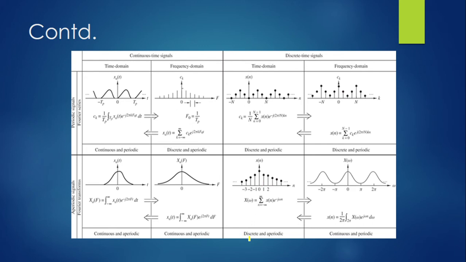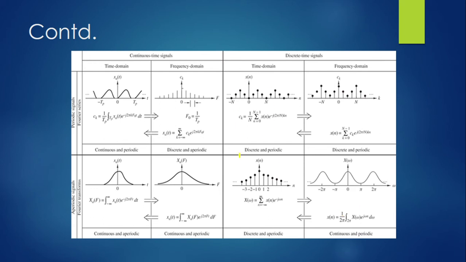Now, in this you see the signal is discrete and is not repeating itself. What you get as output is continuous and periodic. Even if the input signal is discrete but aperiodic, the output you get is continuous. So it cannot be implemented on the computer.